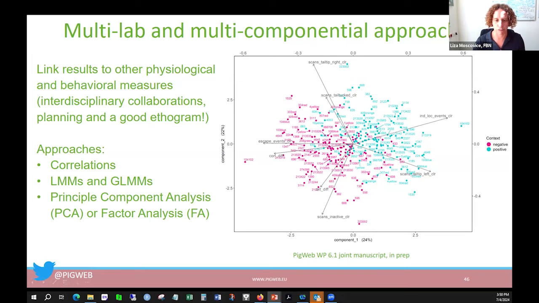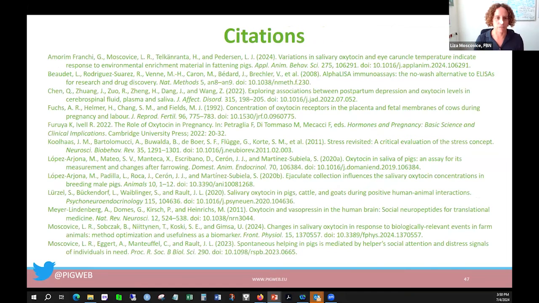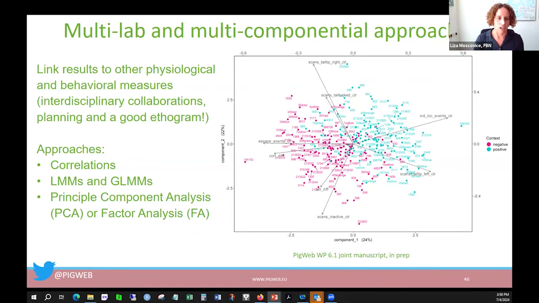This is showing a principal component analysis for this PIGWEB project, where we have in here the change in oxytocin, the change in cortisol, and other behaviors that we're linking to negative or positive events in the animals, so we can see with the PCA how these different measures are relating to each other. And I think that's really important for the future of improving on and expanding on this work.